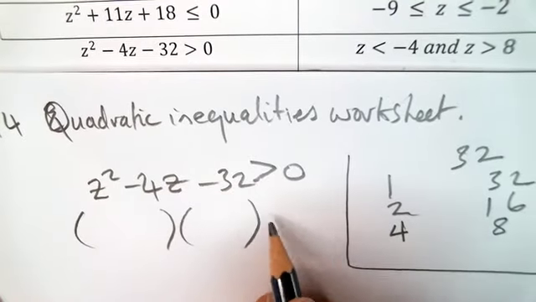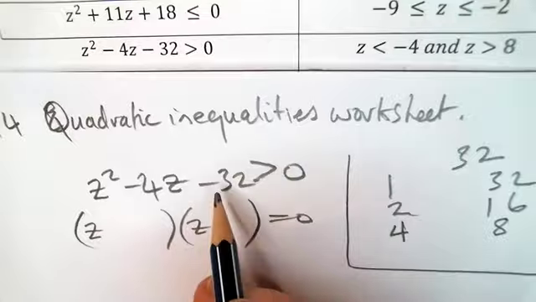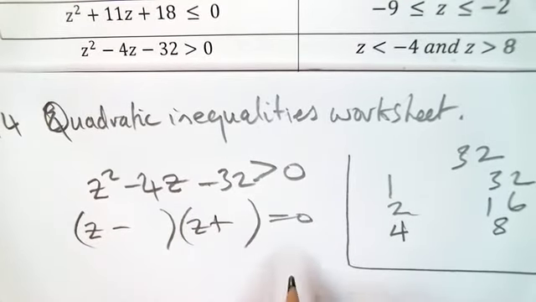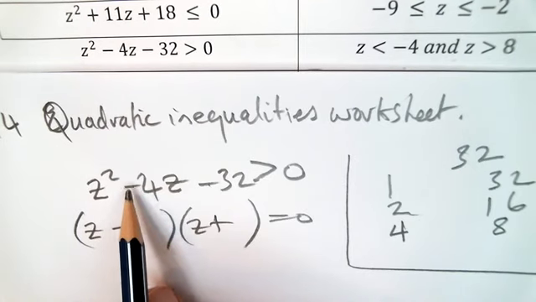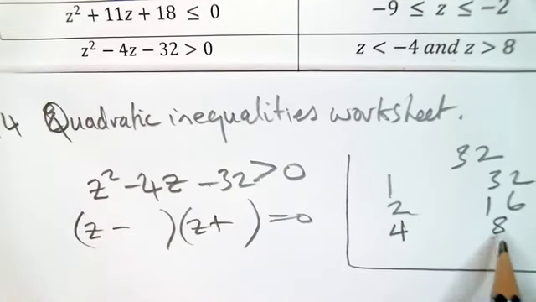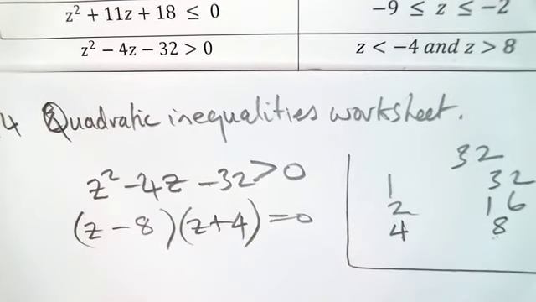Let's solve as if it was equal to 0. So I've got my z and my z. Signs are going to be different. I'll put a plus and a minus, doesn't matter which way around they are. The biggest one though is going to go next to the negative, and I've got a 4 over here, so that looks good.